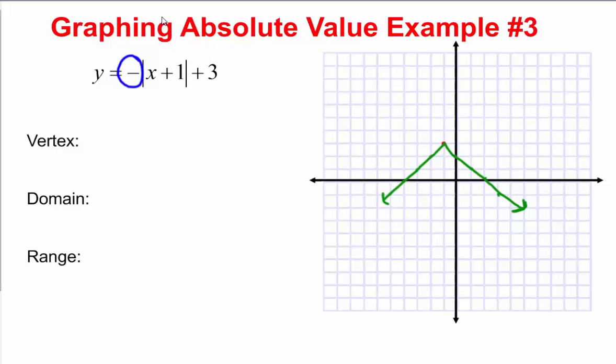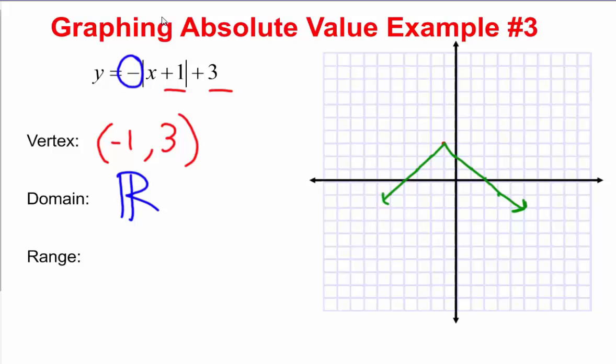So for our vertex, which we found from the table, but we can also see from our equation, it is going to be -1, 3. Our domain will be all real numbers.